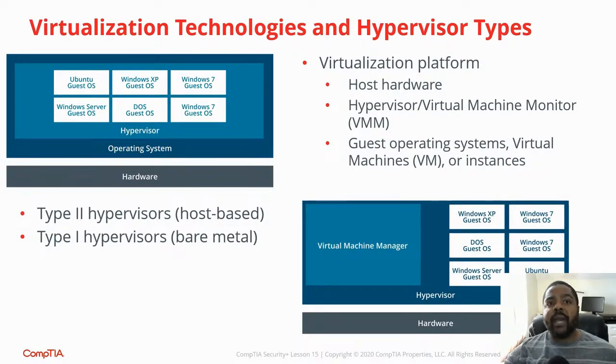Now, when we're thinking about what the cloud is, we need to go back to what a hypervisor is and how it actually runs. We have two types of hypervisors, and type 1 is a bare metal hypervisor.